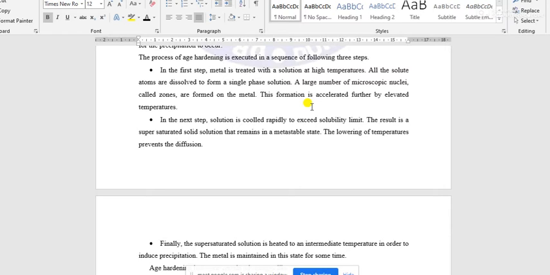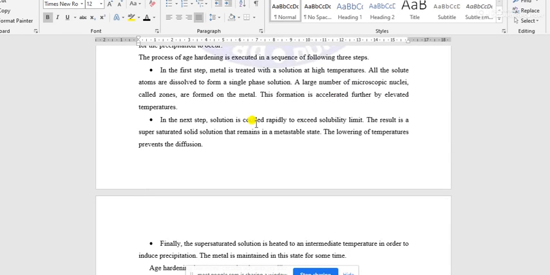That's why these kinds of microscopic nuclei, those are called zones, are formed in the solution. And as temperature increases, the solubility of those solute atoms will also increase.